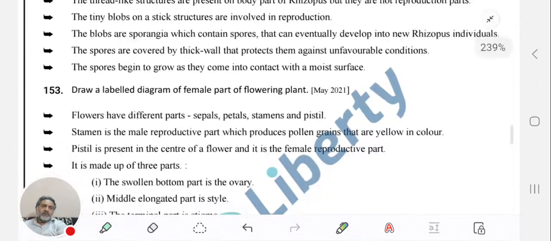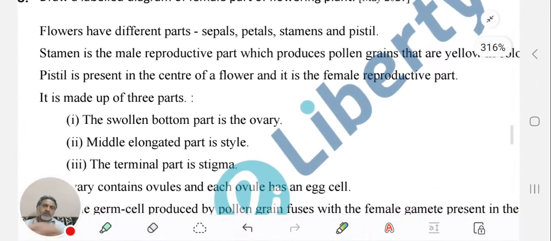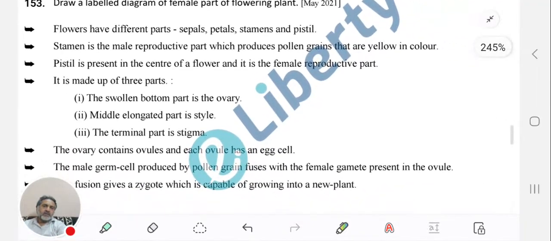Number 153. Draw a labelled diagram of the female part of a flowering plant. Flowers have different parts: sepals, petals, stamen, and pistil. Stamen is the male reproductive part, which produces pollen grains that are yellow in color.